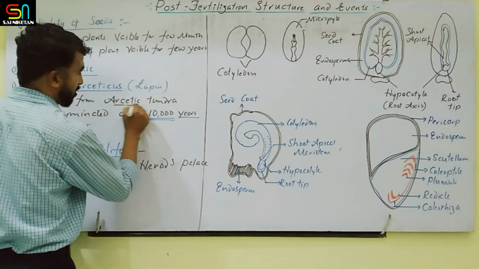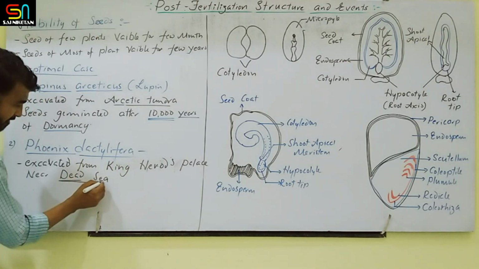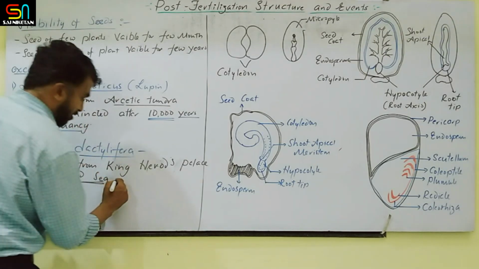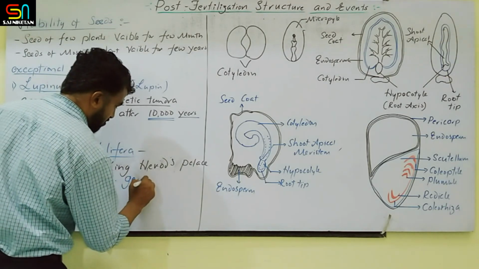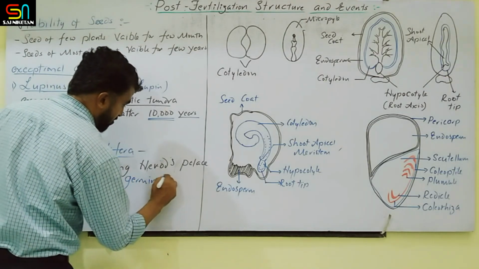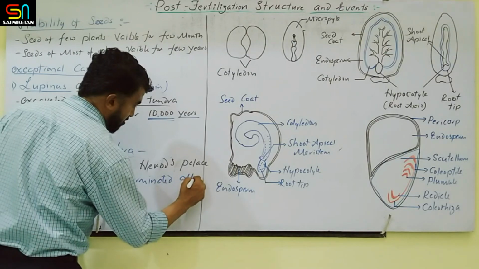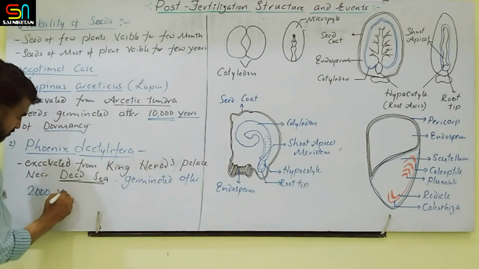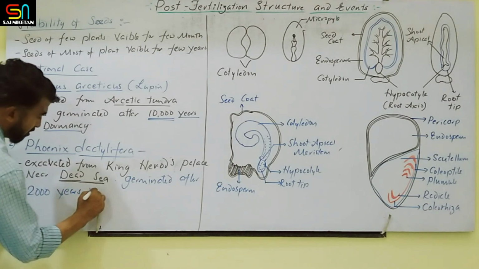So one is from the Arctic tundra and this one is from near the Dead Sea. The seed of this Phoenix dactylifera germinated after almost 2,000 years of dormancy.